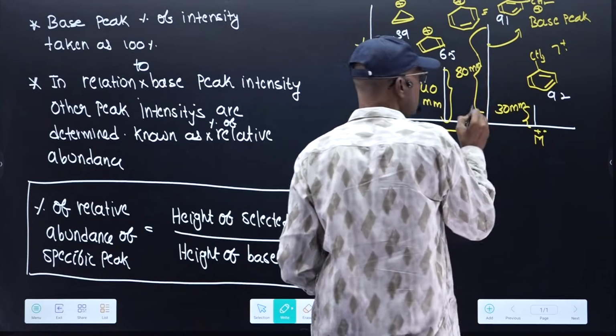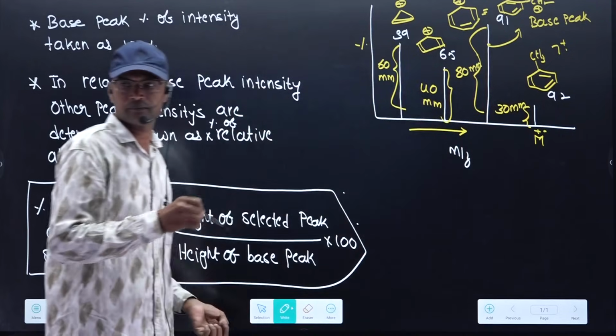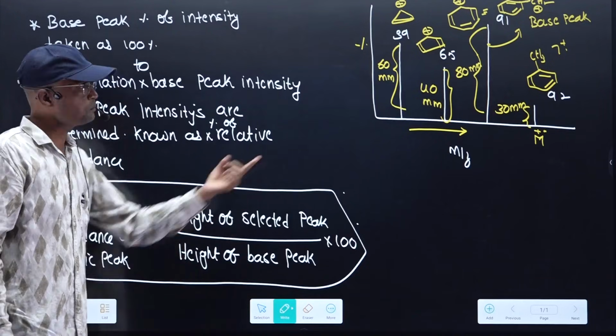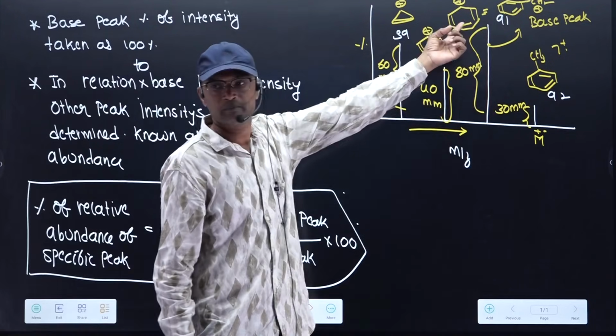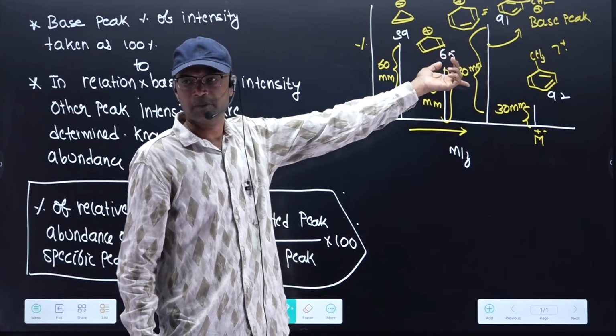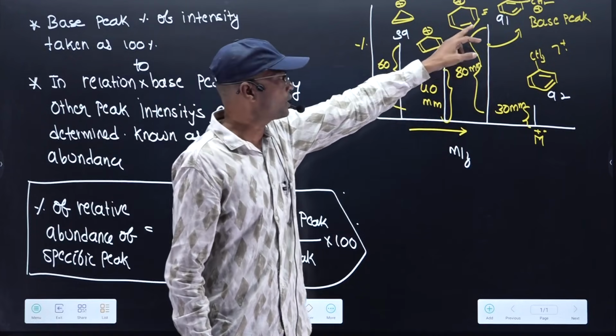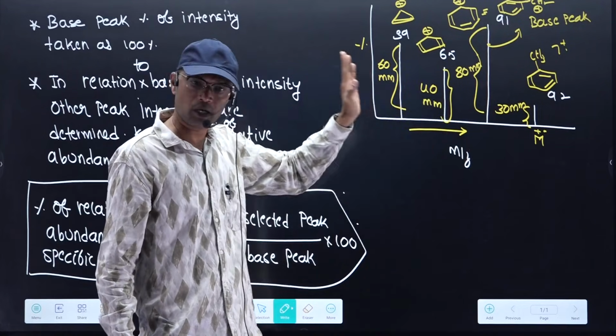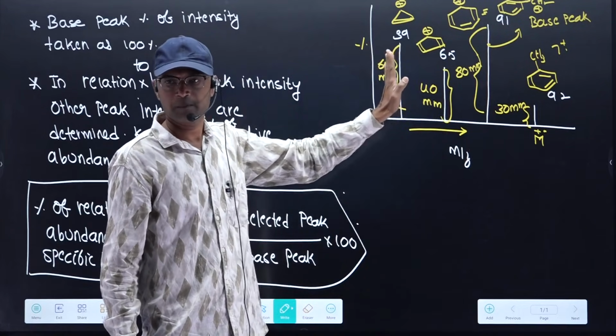This one only. 80 by 80 is 100. Now this peak belongs to which one? 100% peak. The 100% peak is called the base peak. Whichever is very high is always the base peak.